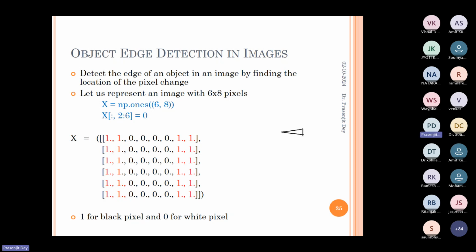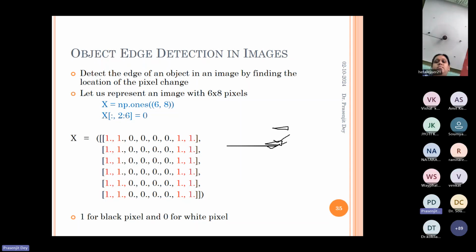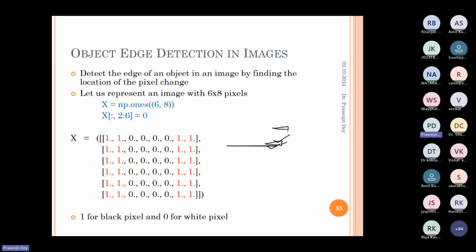It consists of three edges: edge 1, edge 2, and edge 3. So if we can find these three edges, we will be able to find the beak of a bird.